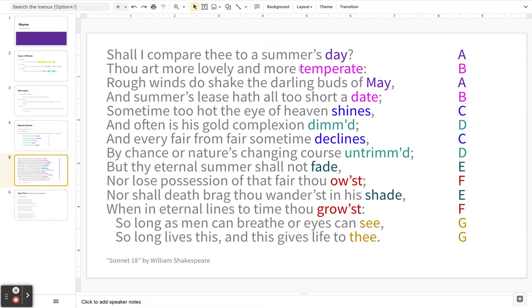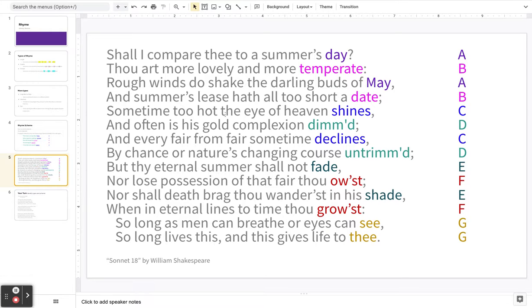Now, you'll see temperate and date don't rhyme now, but in Shakespeare's day, the way they pronounced the two words, they did rhyme. So we're going to excuse that here and say, yes, it's same rhyme. It's a B, okay? Modern rhymes should not have this issue, but again, that's Shakespeare's day, or however it was pronounced.